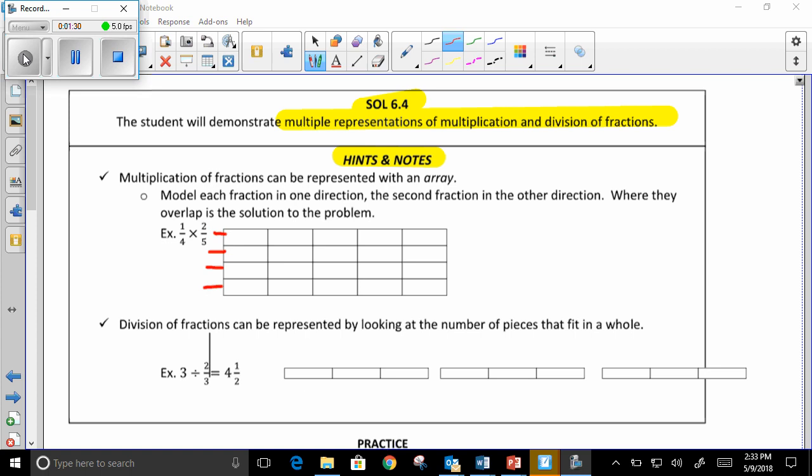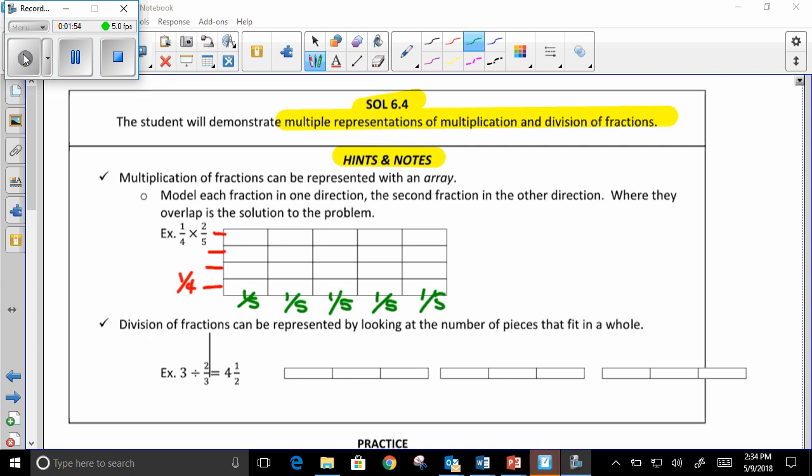Would you agree? So this is 1/4 going across, correct? And then if I look going down, it looks like these going down are 1/5, correct? So these all must be a fifth. So that's the first thing you have to look for.